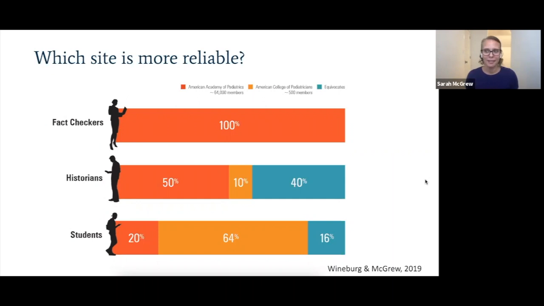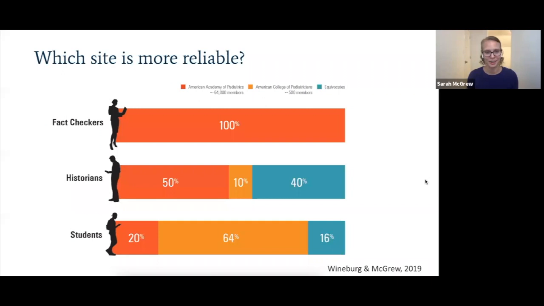Only about half of the historians definitively decided that. Half of them either thought the American College of Pediatricians was more reliable or equivocated, said, I'm not sure, they both seem to be okay, I'd have to do more digging.